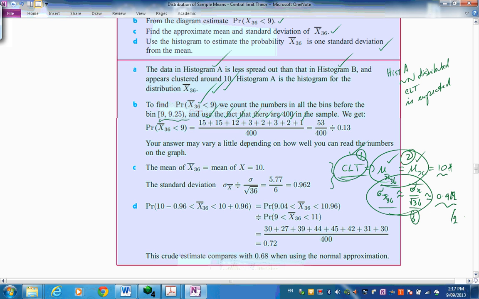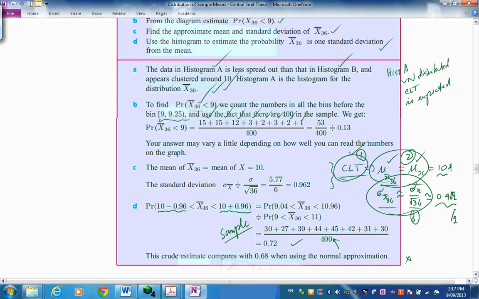So just watch that. Okay, and then what's the probability of being one standard deviation either side of the mean here? That's 10 minus the standard deviation, 10 plus the standard deviation, and so you could do it crudely like that, about 72%. This is from a sample, isn't it? Adding up all the numbers in those columns, or the frequency of those groups there, and dividing by the total.